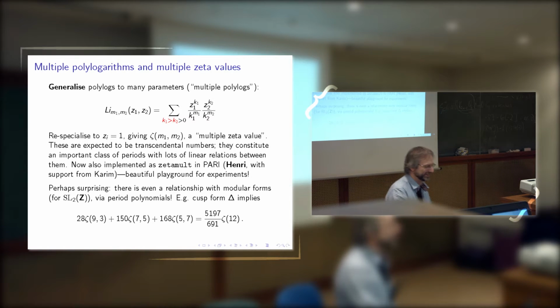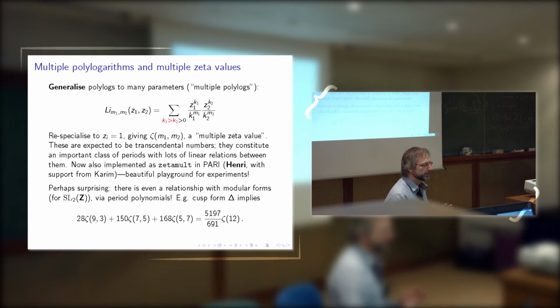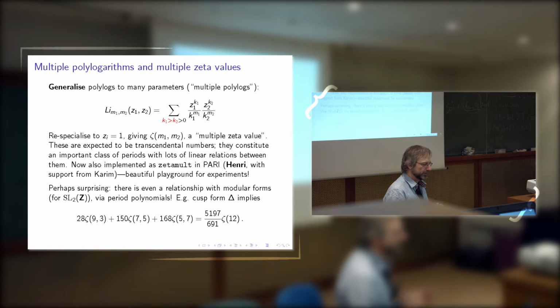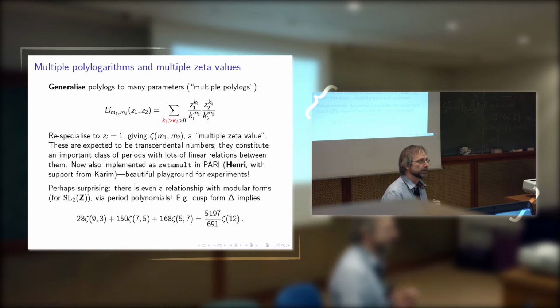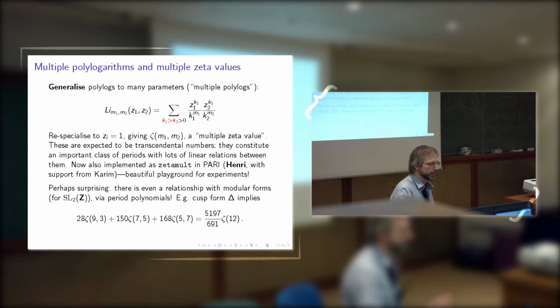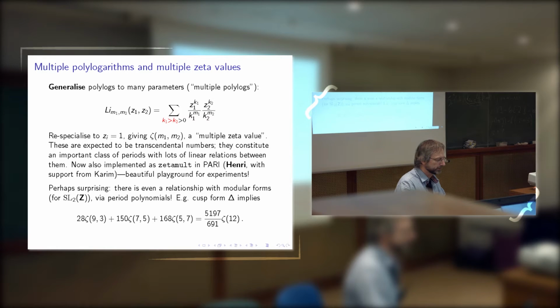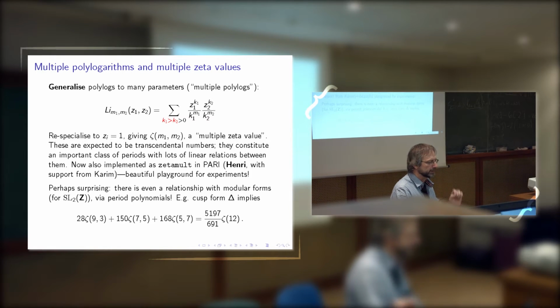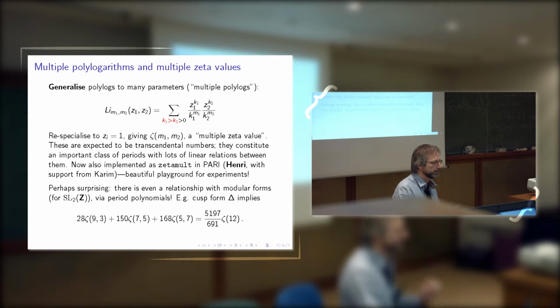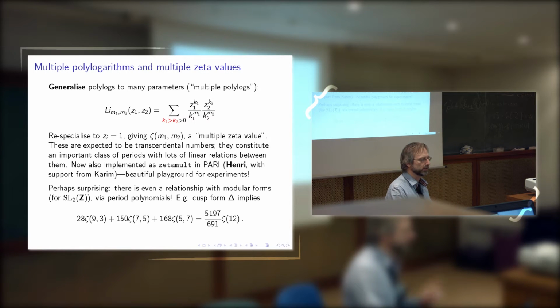So I wanted to also advocate the use of multiple polylogarithms, which have been implemented recently by Henri in many cases. There's a little issue with convergence close to 0.1, but that does not affect the multiple zeta values, which are the ones to come.